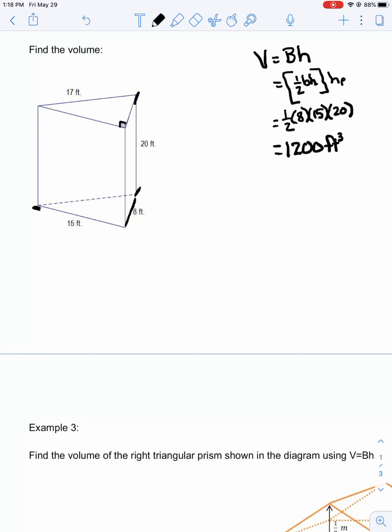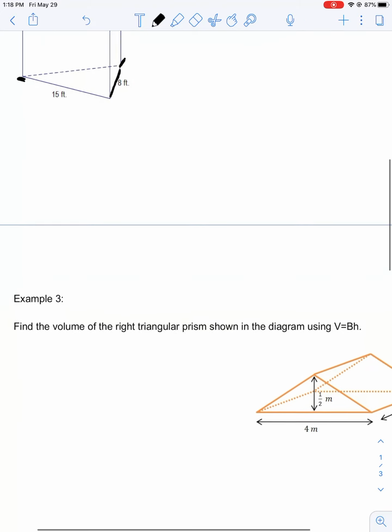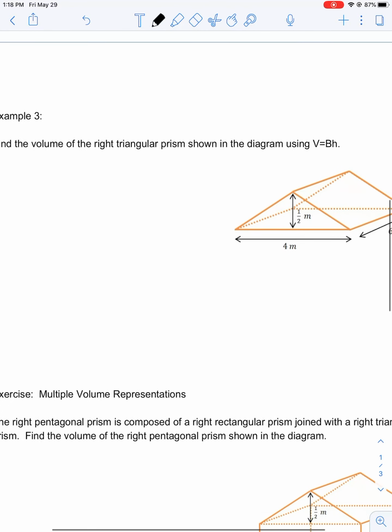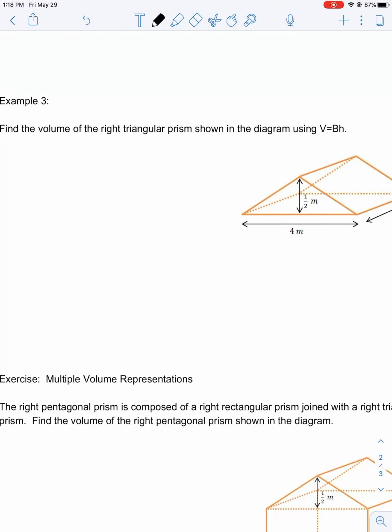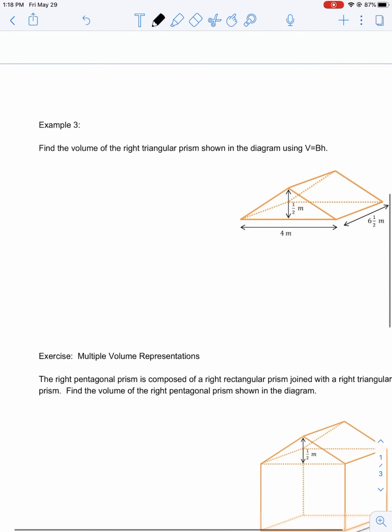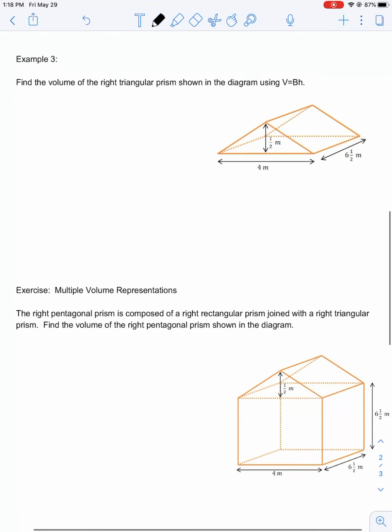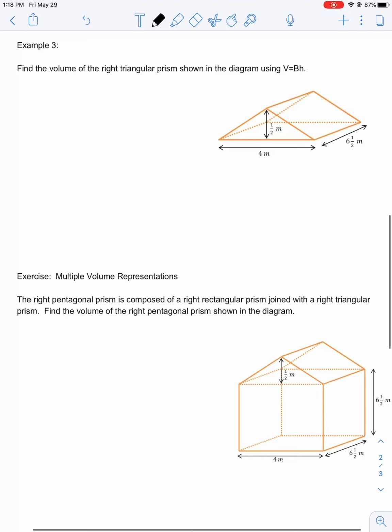Okay? And next, we can do our next problem. So for example 3, and let me make this a little bit smaller so we can see all the numbers here. It says find the volume of the right triangular prism shown. And again, using the same formula, we have volume equals capital BH. Again, we have this triangle.